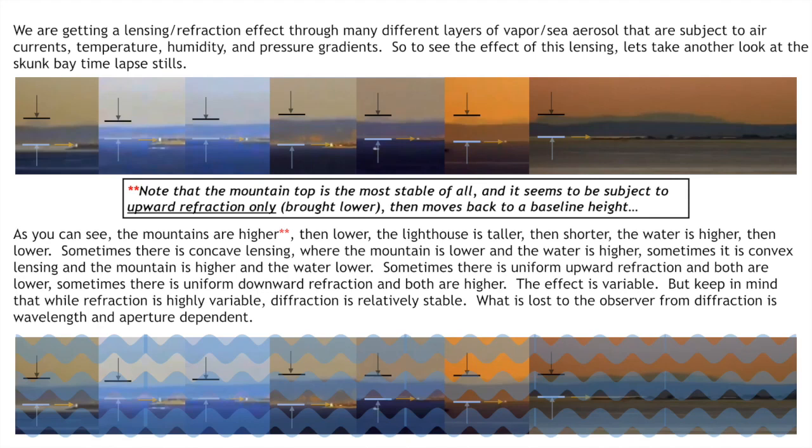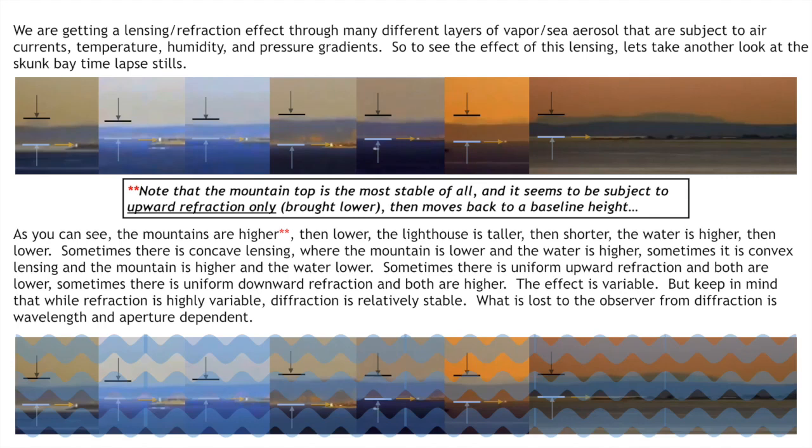The effect is variable. But keep in mind that while refraction is highly variable, diffraction is relatively stable. What is lost to the observer from diffraction is wavelength and aperture dependent. So keep that in mind. While refraction effects can be highly varied, diffraction is much more constant and consistent.